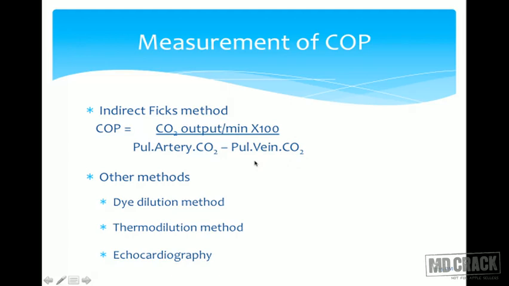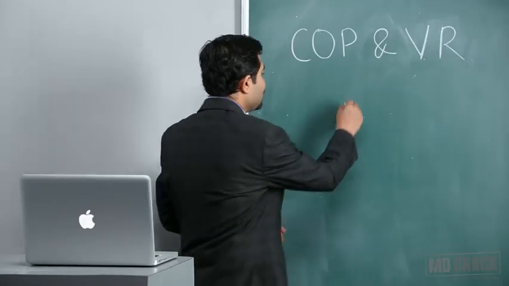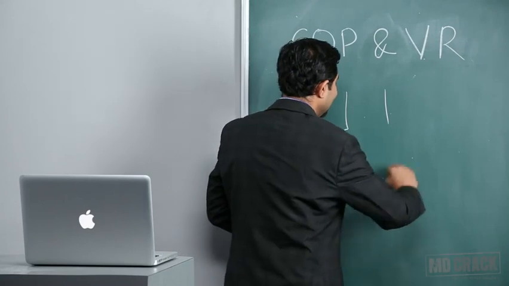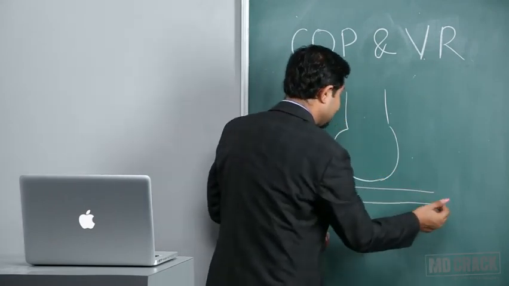Now the question is how to calculate the pulmonary artery CO2 and how to calculate the pulmonary vein CO2. If I want to calculate the pulmonary vein CO2, that will be equal to the alveolar air CO2 level, because if you remember, suppose this is the alveolus and this is the capillary blood vessel passing from that.